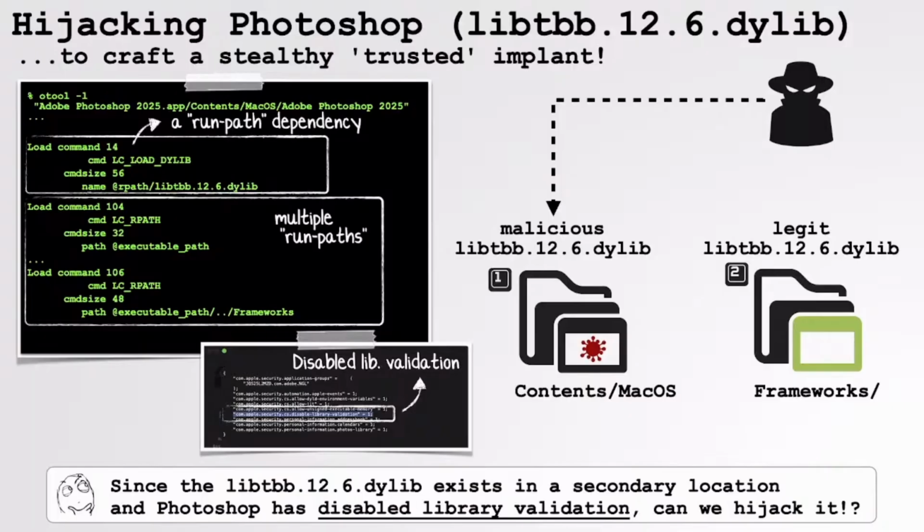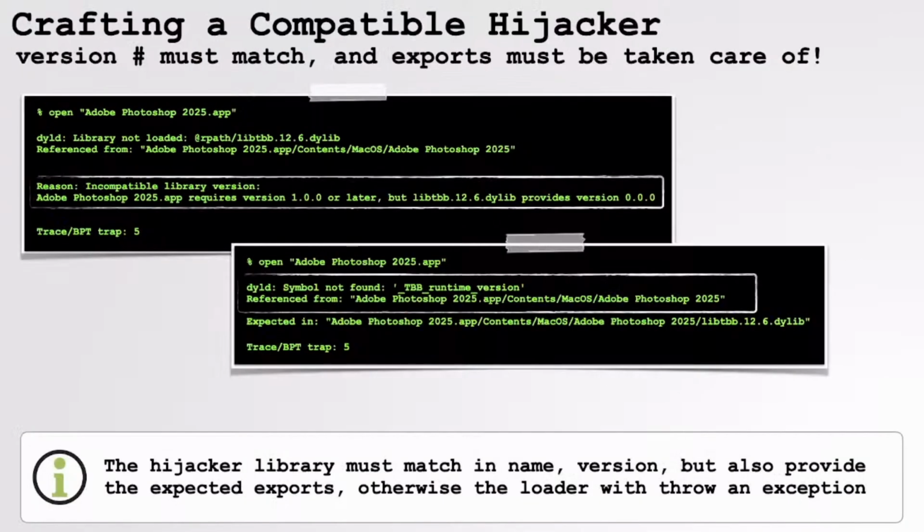The legitimate libtbb, which I have no idea what it does, exists in the Frameworks directory. But because of the order of the run path search directories, the loader will first look in Contents/MacOS for this library. Also, Photoshop has disabled library validation. So this is all looking good.